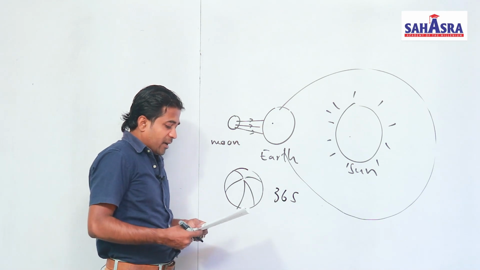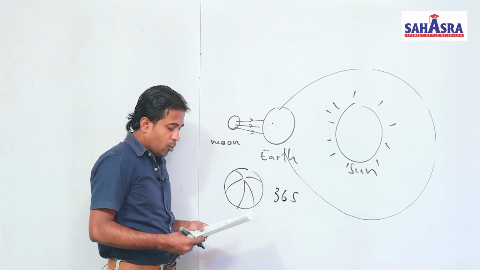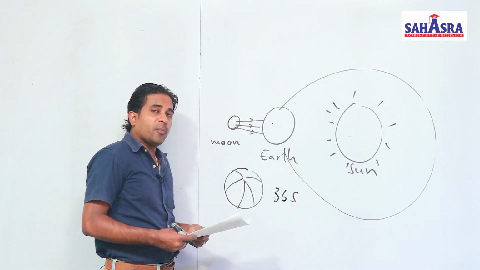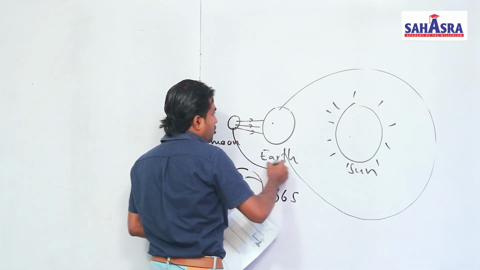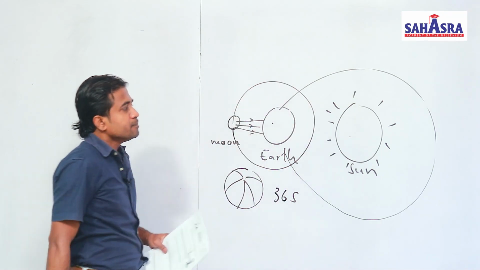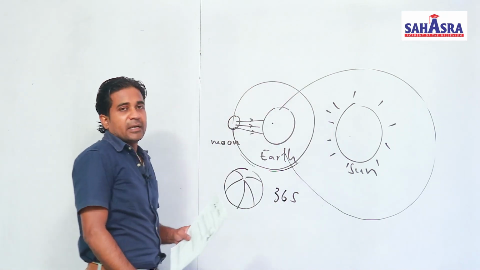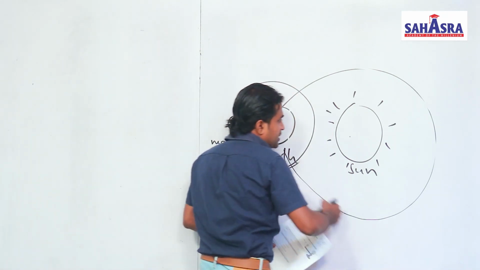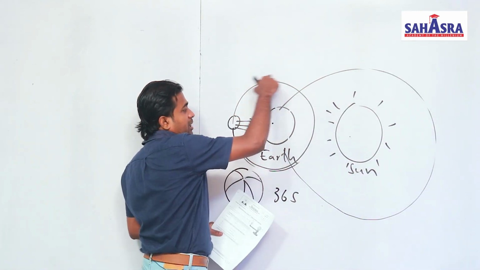Okay, the third one: the space has an orbit of 28 days. Who has the 28 day orbit? Which is the moon. The moon orbits around the earth like this. The earth orbits around the sun like that, and the moon is also orbiting around the earth.